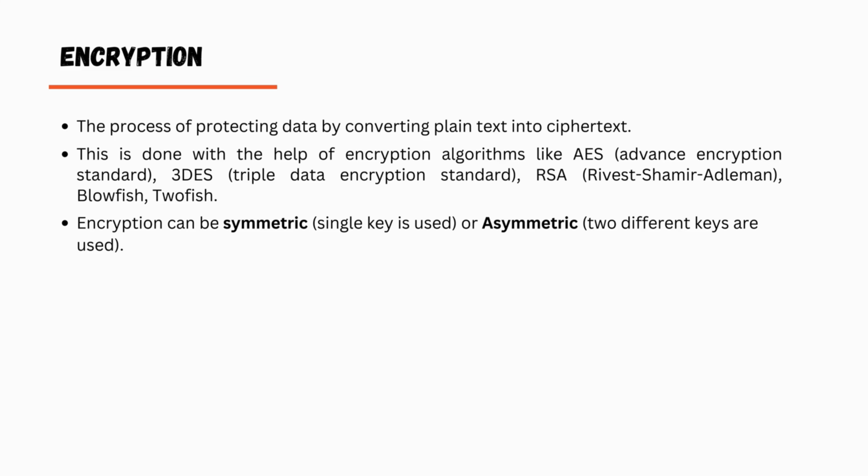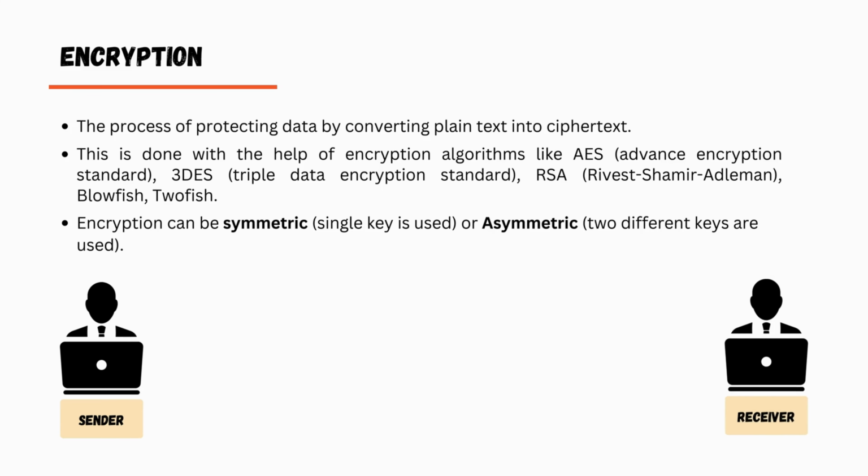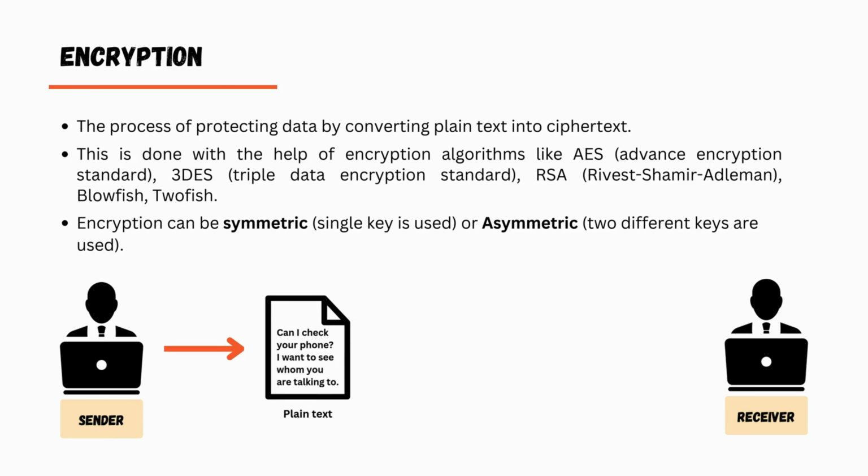Now let us understand the process of encryption with the example here. We have a sender who wants to send a sensitive message to the receiver with the help of encryption. You can see clearly here, the sender is generating a sensitive message which is termed as plain text. This plain text is clearly readable and we can see what is written in the message.